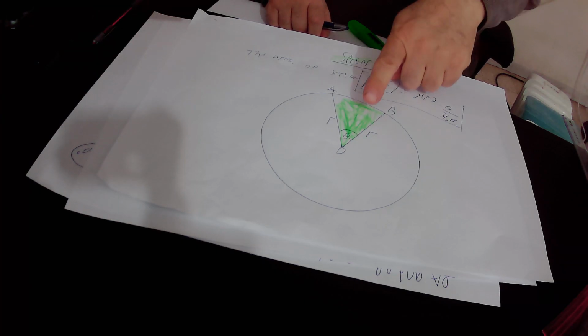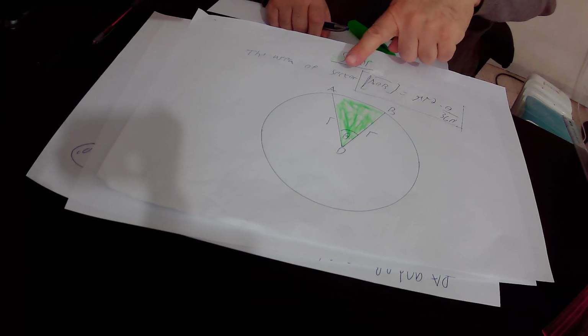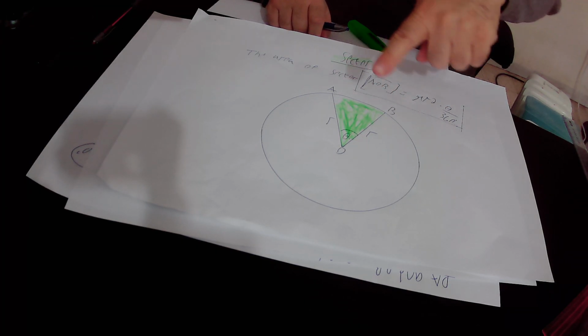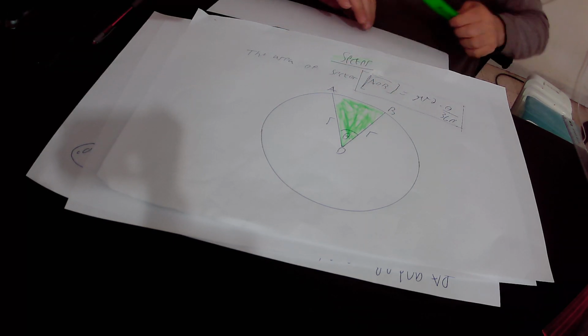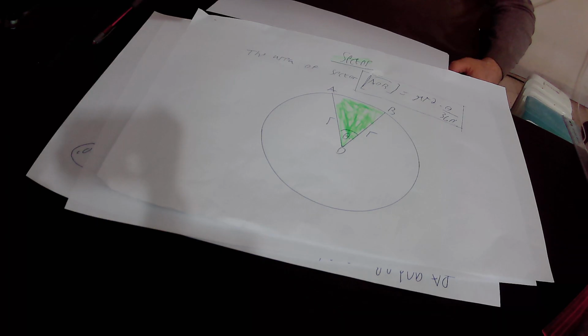This is angle theta, the angle between the legs AO and BO of this green sector AOB. So what is the area of this sector AOB?